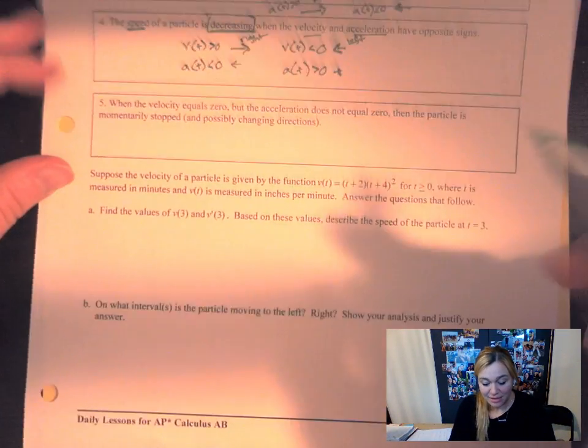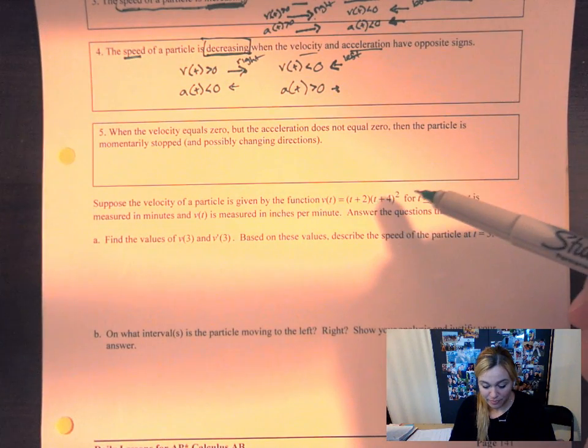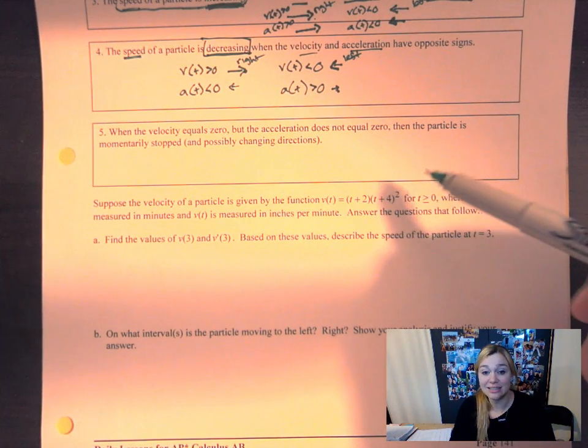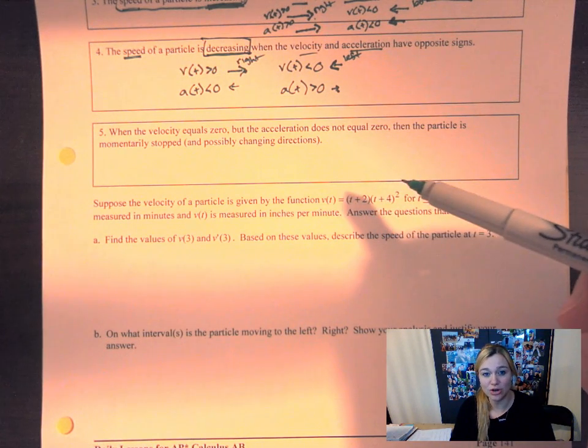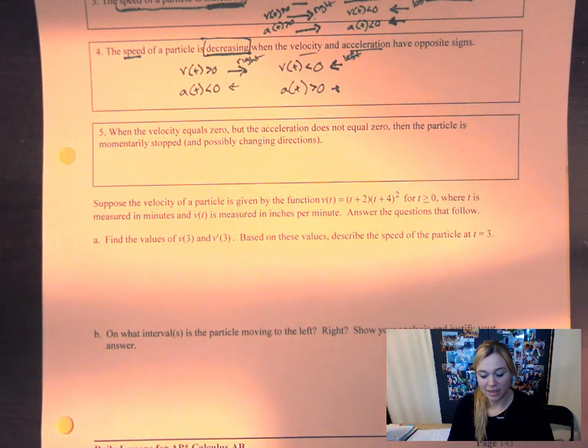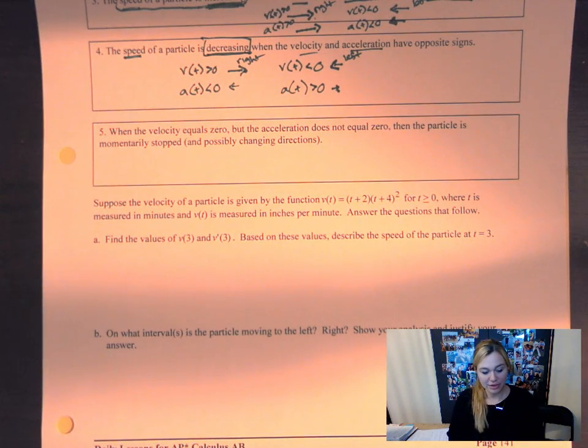There are some times when velocity equals 0, but the acceleration does not equal 0, and the particle is momentarily stopped and possibly changing directions. So this is possible. Again, this is a very boring particle. It either moves left and right or up and down, but we can think about a ball being thrown into the air, or even, let's say, this pen.